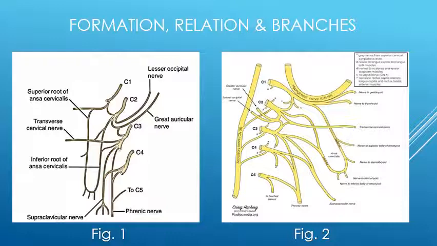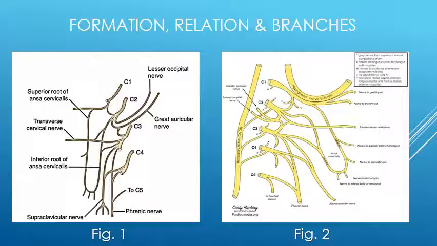So ansa cervicalis has two roots. The superior root comes from C1, while the inferior root comes from C2 to C3. This loop is called ansa cervicalis, and it lies lateral to the internal jugular vein, which I'm going to show in the third figure. The inferior root, as it descends, winds around the internal jugular vein, and then it is joined by the superior root in front of the common carotid artery.